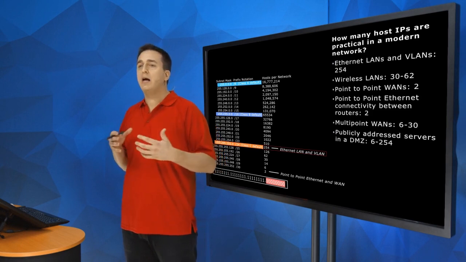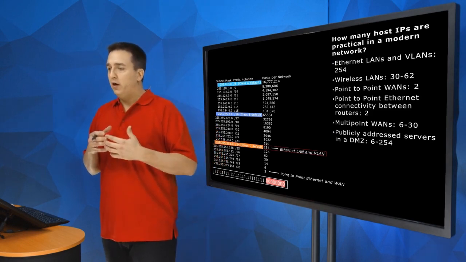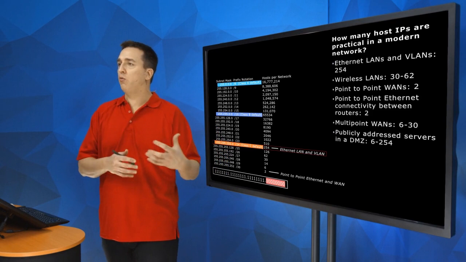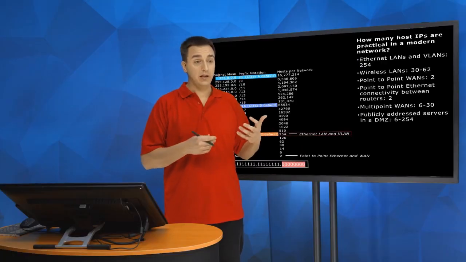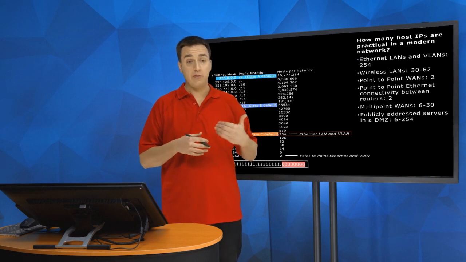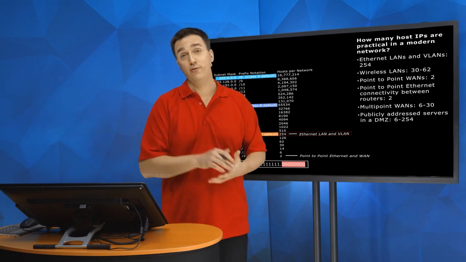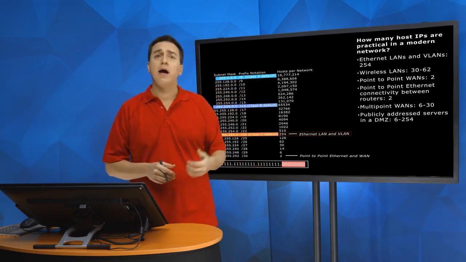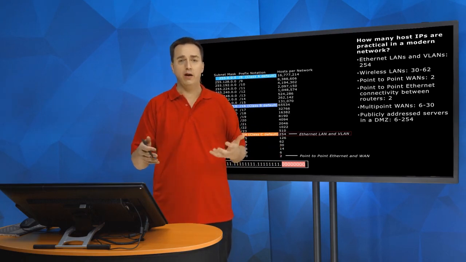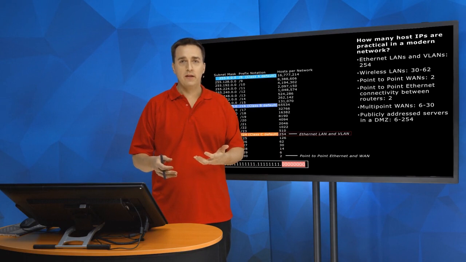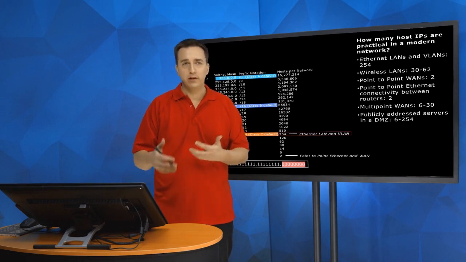So again, what describes an Ethernet LAN? Well, it's all the devices that are part of the same network off of a single router interface. So what does that mean? It means that all 254 of those users are going to be using that router interface as their default gateway. So again, it makes practical sense there as well, because that's 254 devices that would all be using that router as its exit point. Single points of failure, bottlenecks.